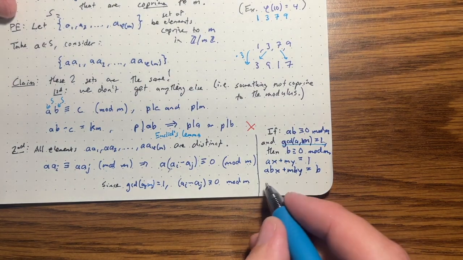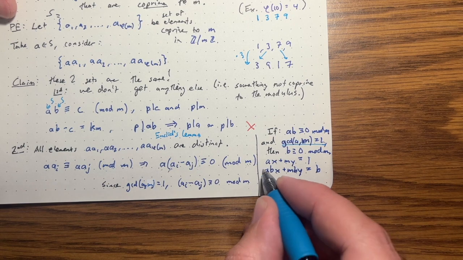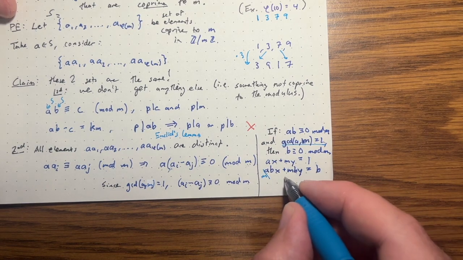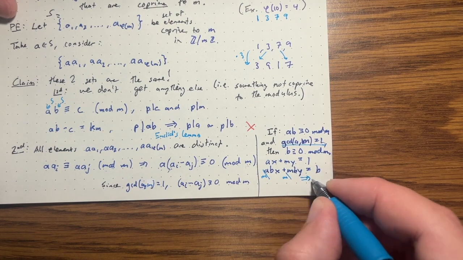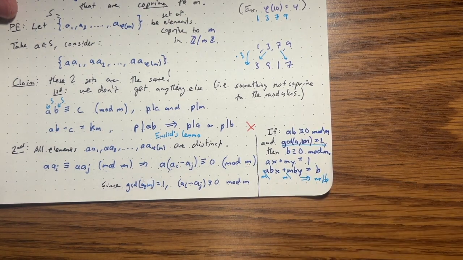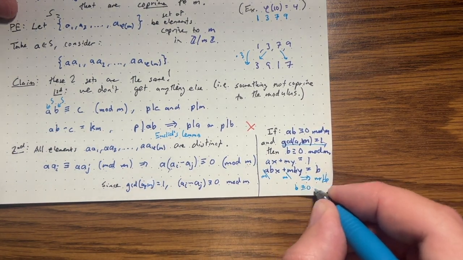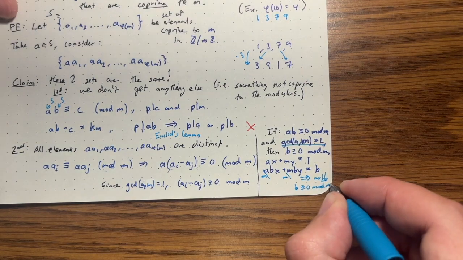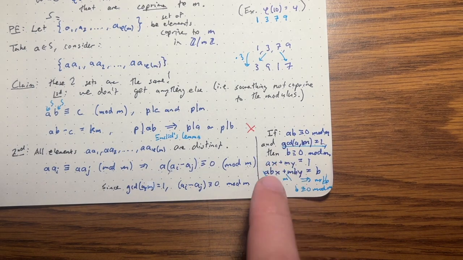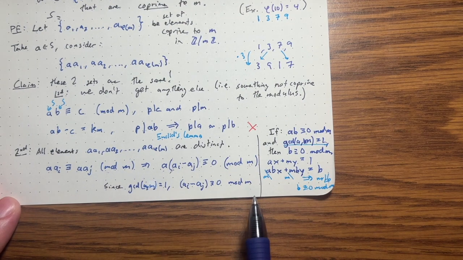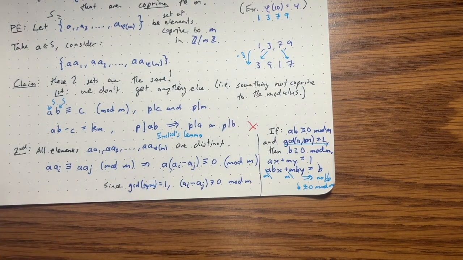Well, we know M is going to divide this. M is certainly dividing that. That concludes M divides B. So in other words, B is congruent to 0 mod M. Okay. So we're seeing this idea again. That's the second claim. So we've proven our two claims.